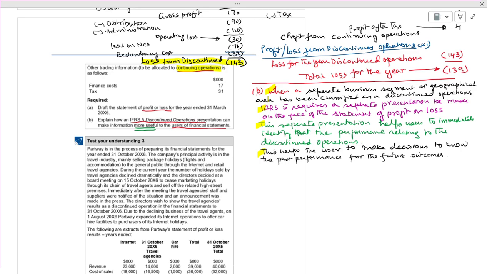Third point, this separate presentation helps users to immediately identify the performance relating to the discontinued operations. This helps the user to make decisions, to know the past performance for the future outcomes.